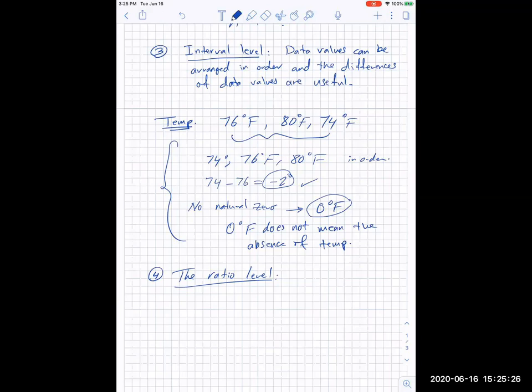So data can be ordered. Differences are meaningful, very useful to do the differences. And there is a natural 0.